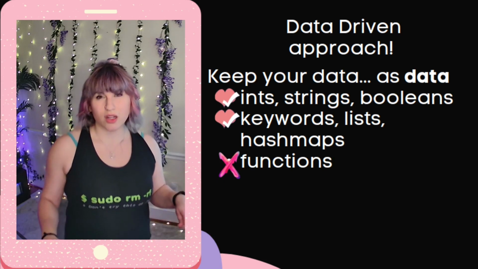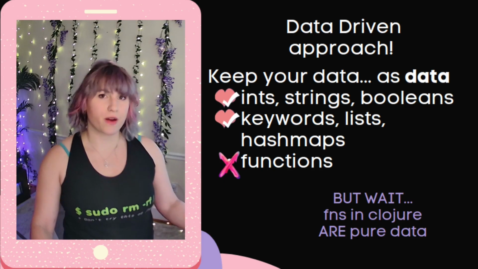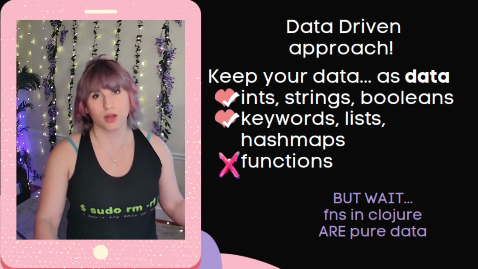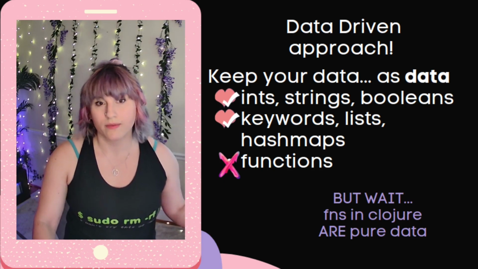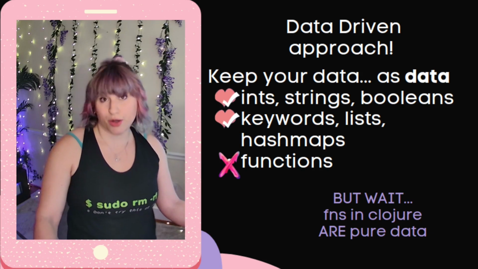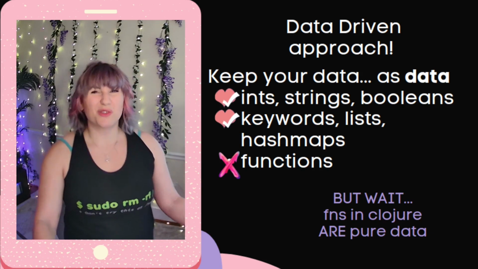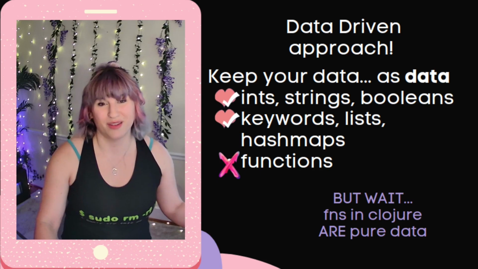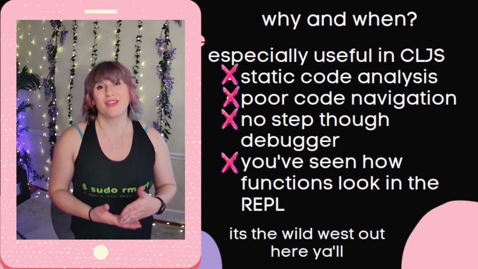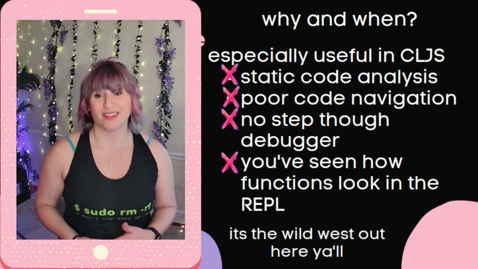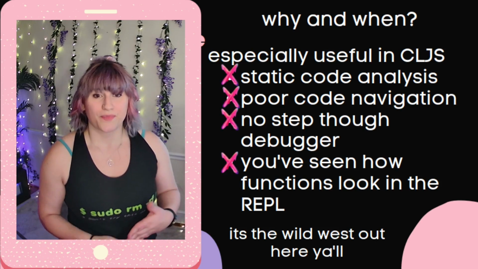Well, wait a minute. In Clojure, functions are pure data, Jordan. Well, yeah, you're right, technically. The rules are a little bit different in ClojureScript, though. We don't have things like static code analysis, type checking, the code navigation.